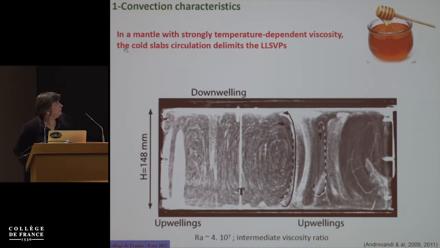So if we look just at convection in a strongly temperature-dependent viscosity mantle, or in a sugar syrup, honey, mantle, then we see that it's very easy to have cold downwellings that are encasing several plumes. You just need the convection intensity of the mantle, and you need also intermediate viscosity ratios.